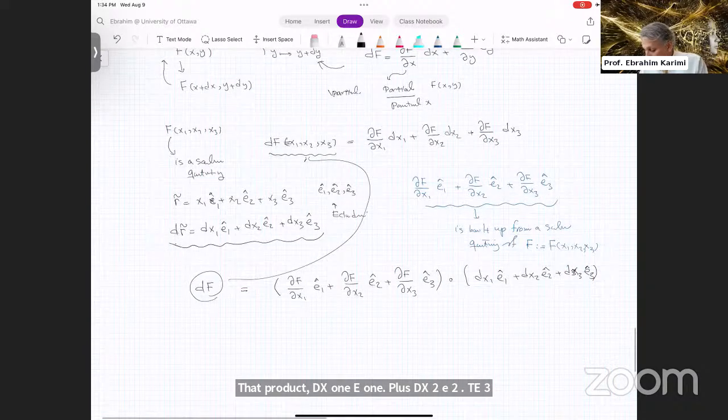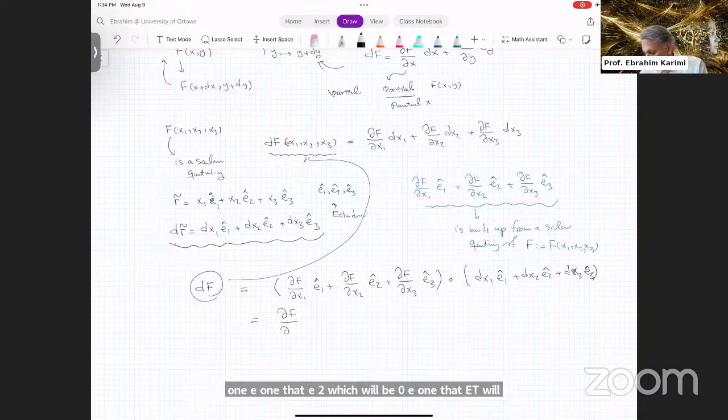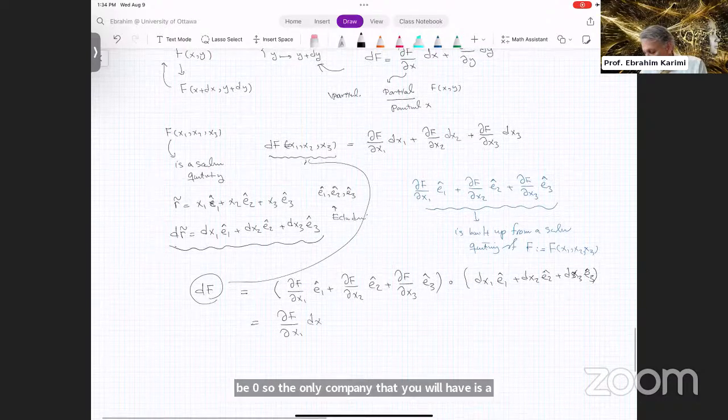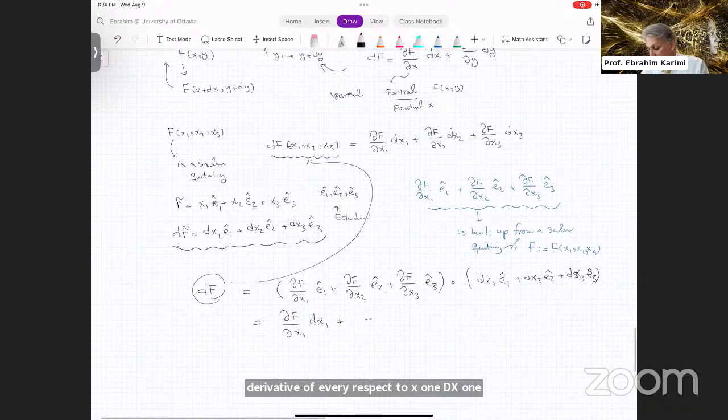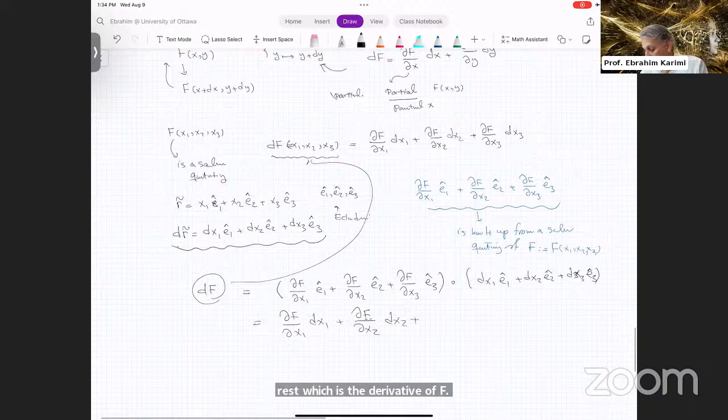And the result of the dot product, as we described previously, will be e1 dot e1, e1 dot e2, which will be 0, e1 dot e3 will be 0. So the only components that you will have are the derivative of f with respect to x1, dx1, and the rest, the derivative of f with respect to x2, dx2, and the derivative of f with respect to x3, dx3.